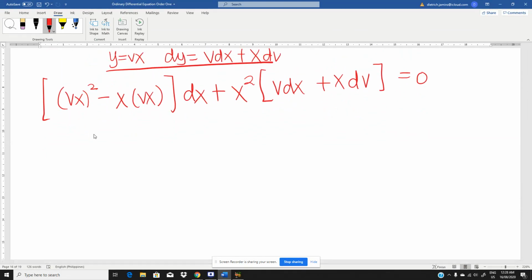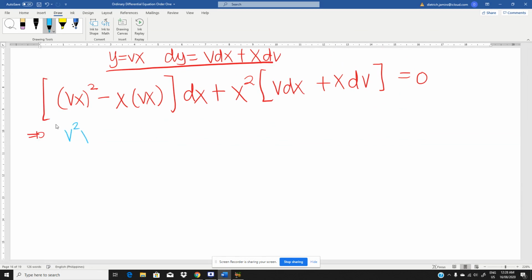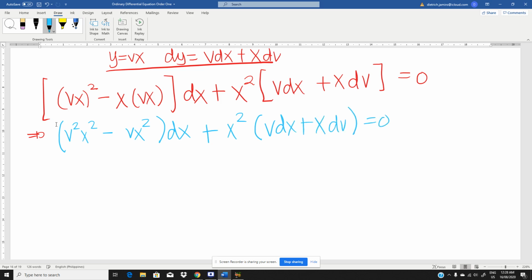Then simplifying further, we will have (v²x² − vx²) dx + x²(v dx + x dv) = 0.